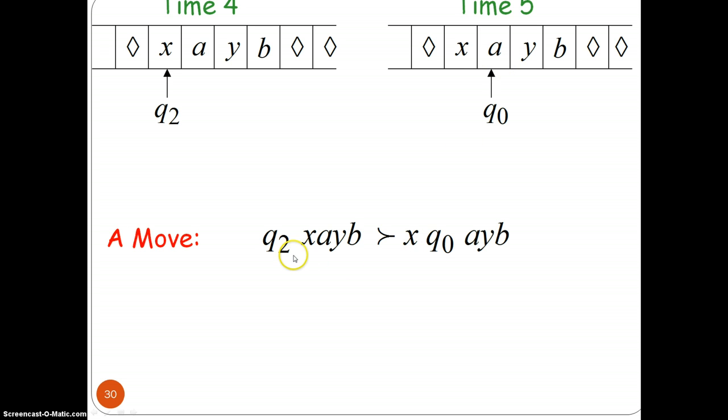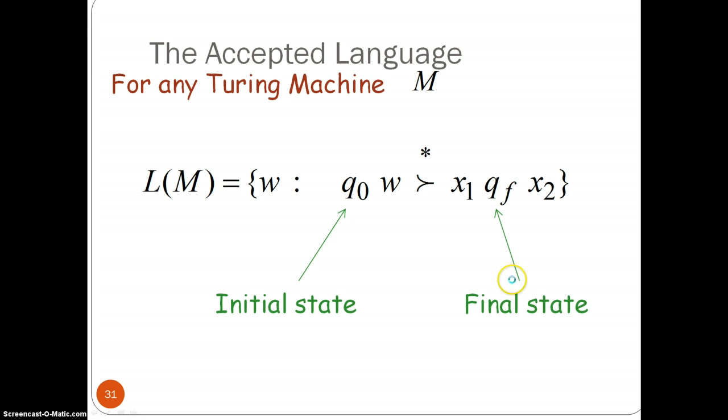So our state changes to Q0, the symbol X is before the Q0, and the symbol under the read write head is now A. So we write Q0 A, with all the symbols before that written before Q0, and after that we write YB.